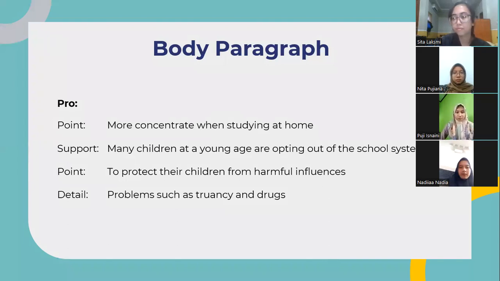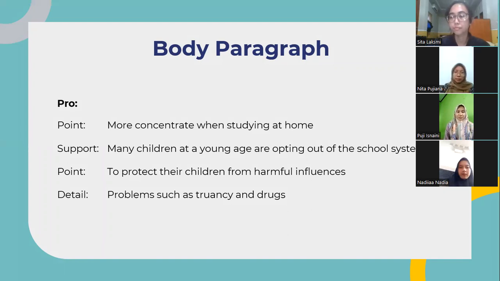Number two, support. For example, there have been cases of children who have gone to university as young as 12 or 13 because they are especially gifted and have opted out of the school system. The support in the text: many children at a young age are opting out of the school system. Number three, the point.